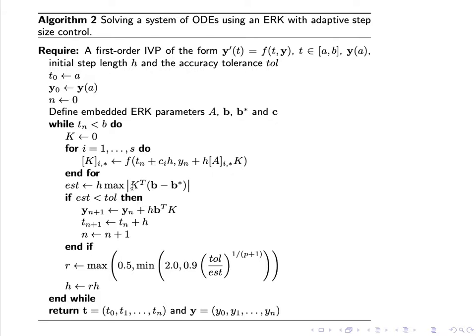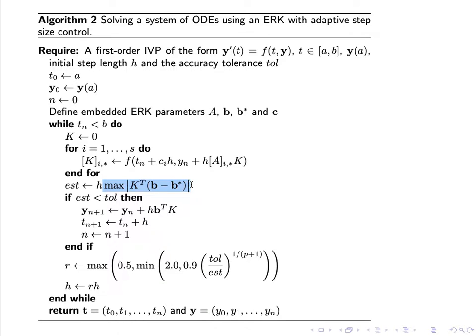Once we've done that, we calculate the estimate of our error. So this is k transpose multiplied by the vector b minus the vector b star. So this is a matrix multiplication, and that will give you a vector. We take the absolute values of the vector, and then we take the maximum one.